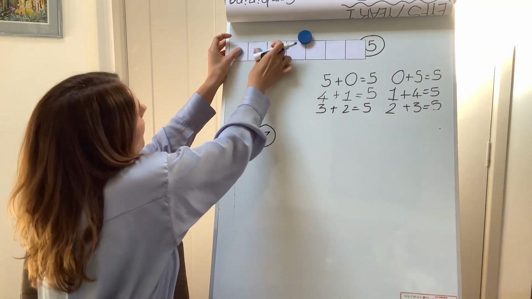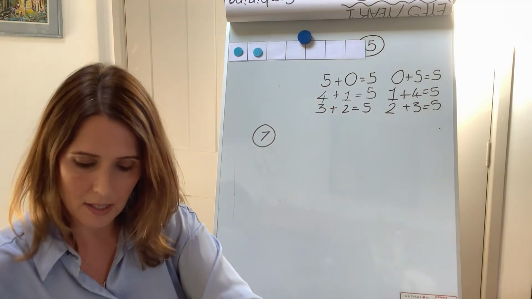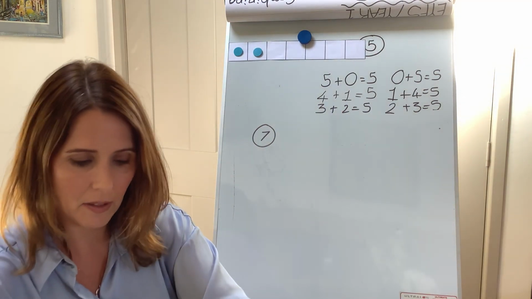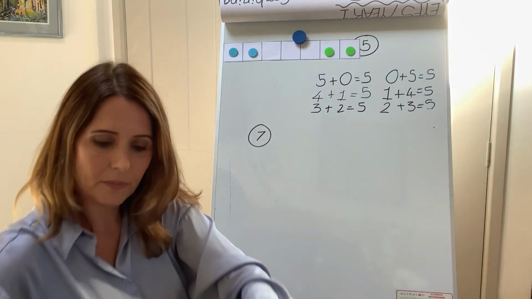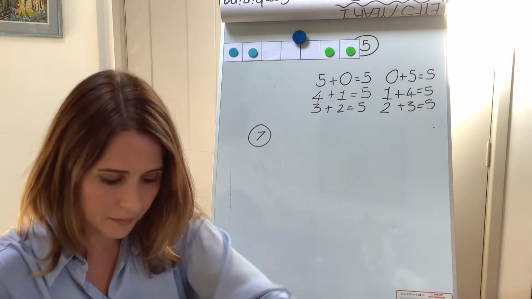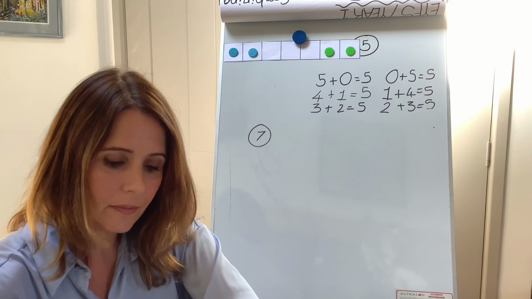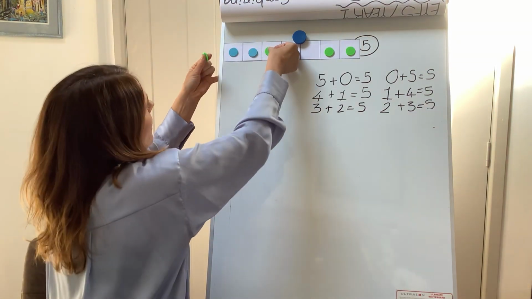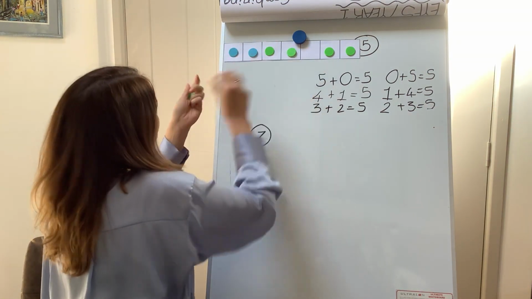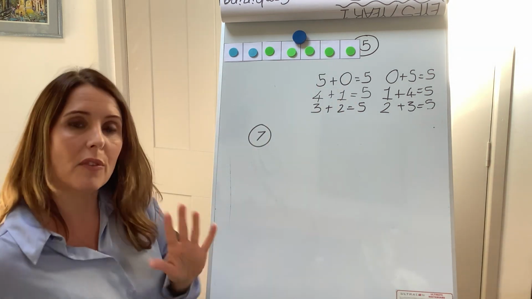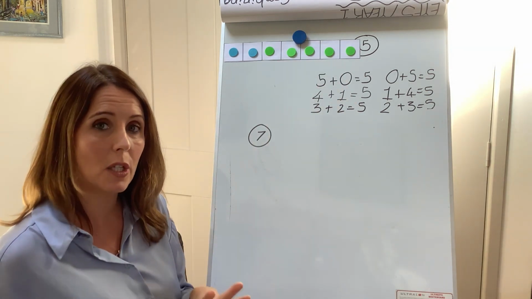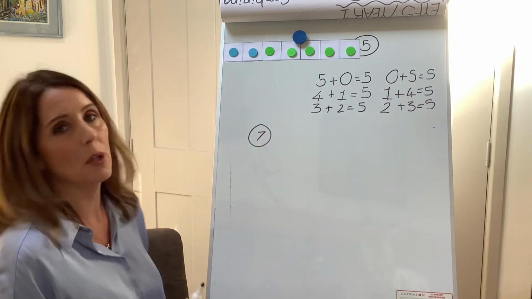We'll have 2 and we'll have 5. So 2 and 5. What I'd like to do is find the 4 addition fact families that make the number 7.